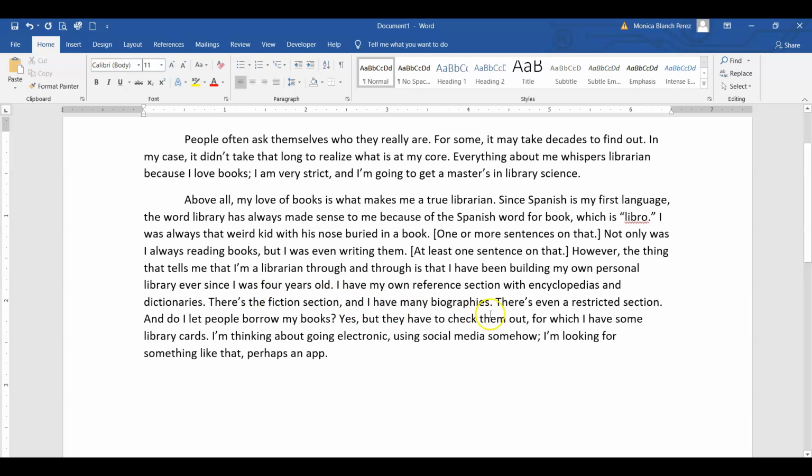So you want to check them out. We have the cards. All right, here we go. I love my books. See, I'm bringing it back. I love my books, and so I don't want anything to happen to them.